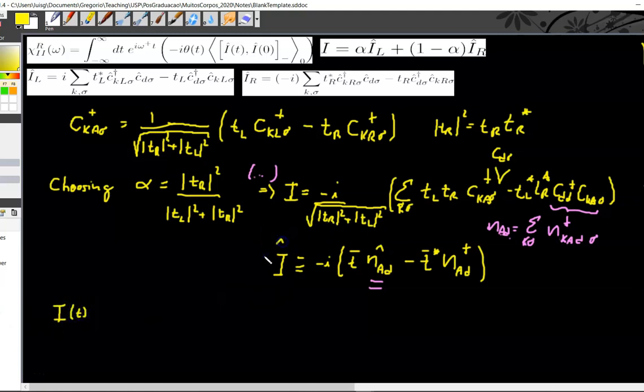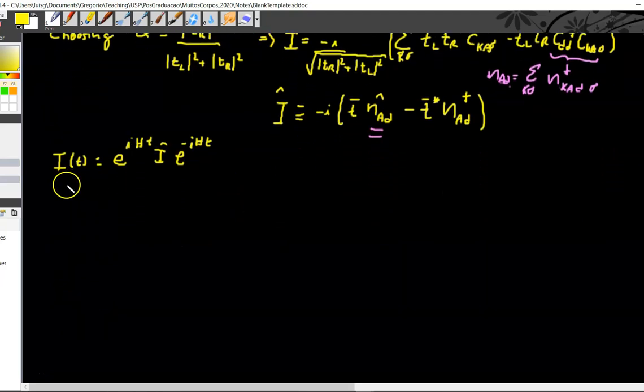This is the current operator, and in the Heisenberg picture this would be e^{iHt} I e^{-iHt}. So what we want to calculate is this commutator, so that we can calculate this in time and then take the Fourier transform. Let's see how we do that.